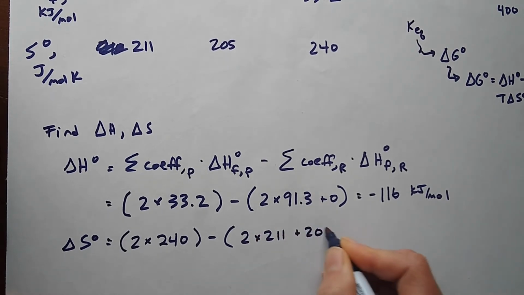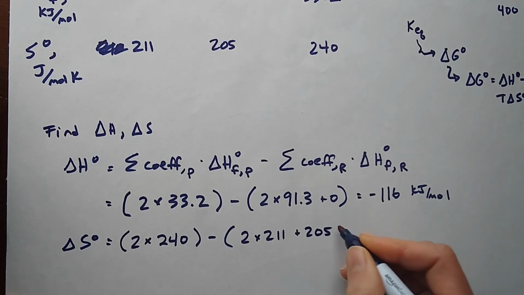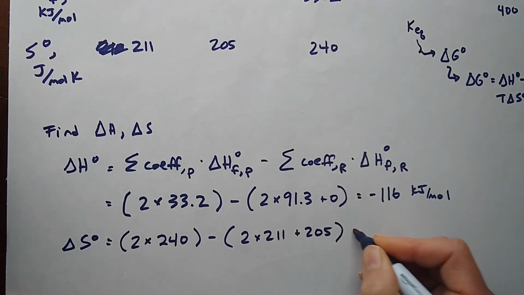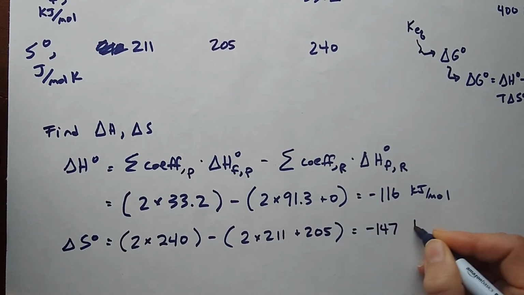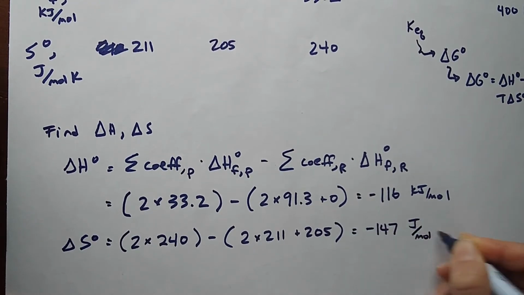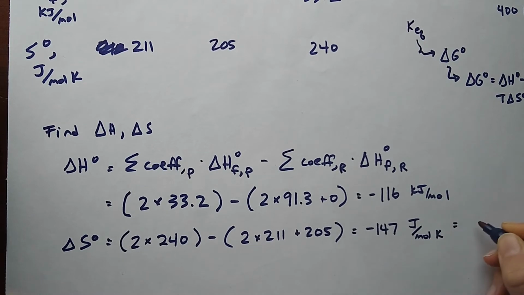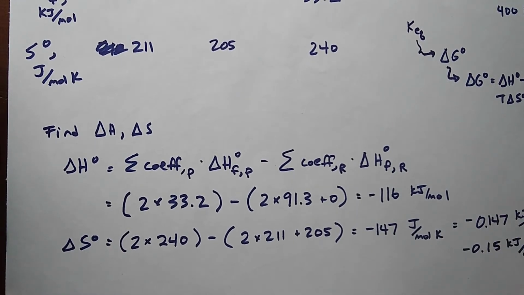Important to remember that entropies are usually given in joules per mole rather than kilojoules. So this one gives me minus 147 joules per mole Kelvin, which is the same as negative 0.147 kilojoules per mole Kelvin. And I think I'll actually round that to 0.15 kilojoules per mole.